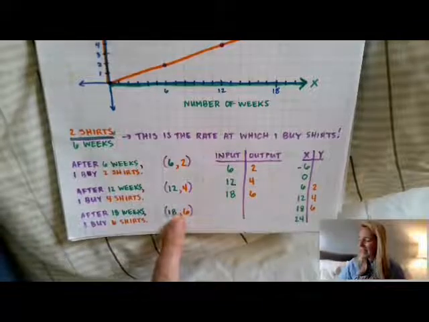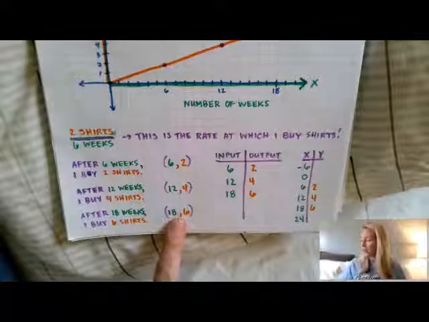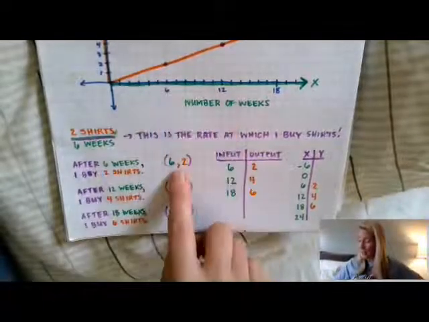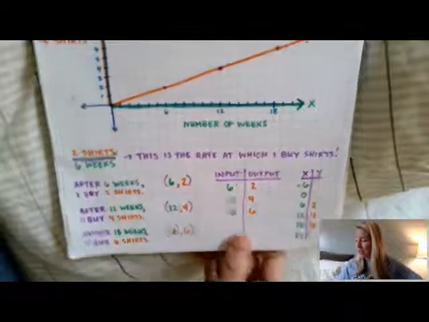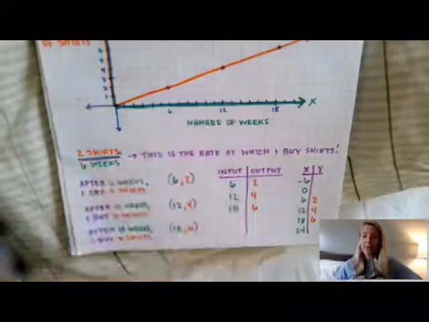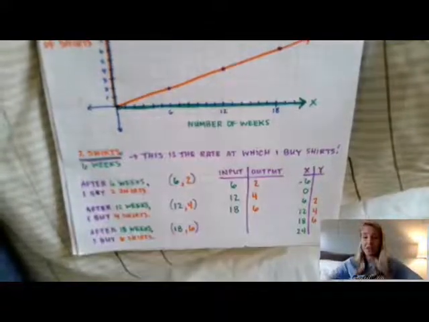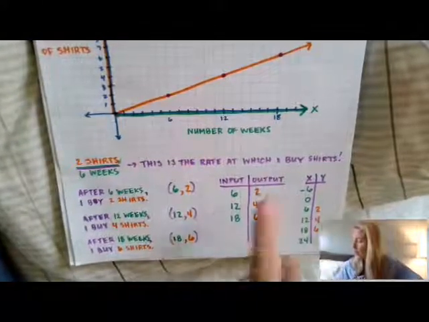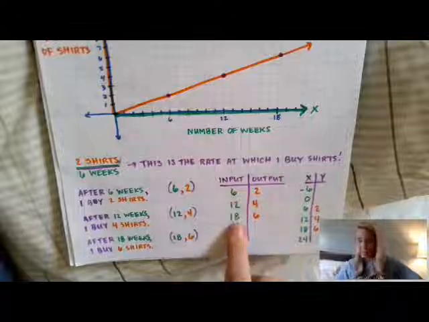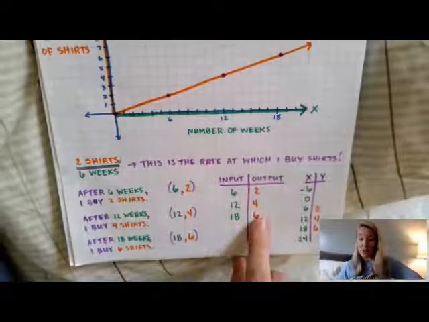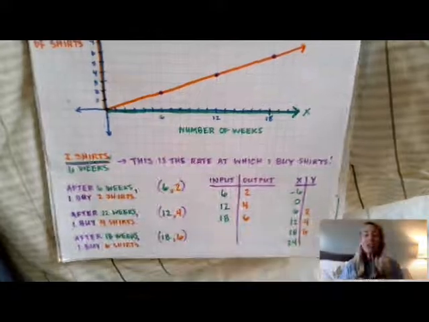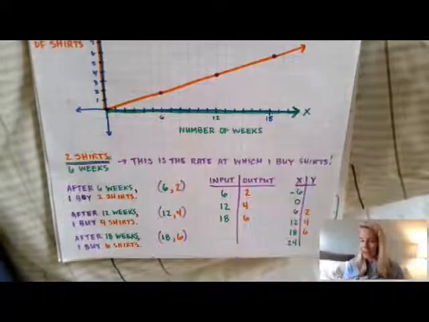So we see these as points on our coordinate plane. If you go over 6 up 2, that's a point on our line. If you go over 12 up 4, that's another point on our grid, or our plane. So for all of these points, our input is going to be our weeks. Our output is going to be the number of shirts that I get. So yay, right? And we can use that to make predictions about other things that are going to happen.